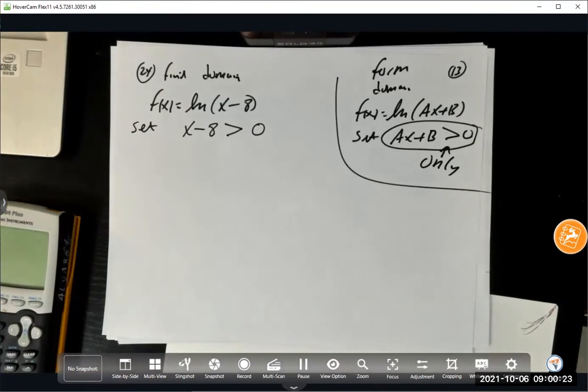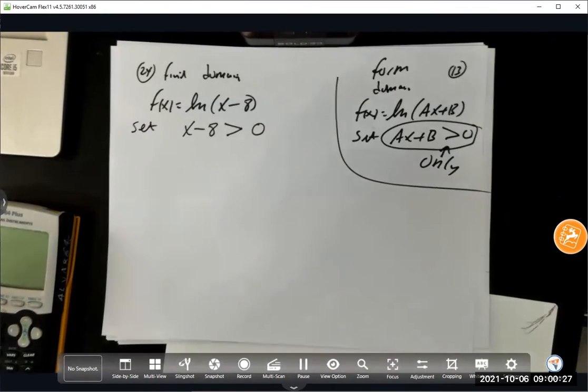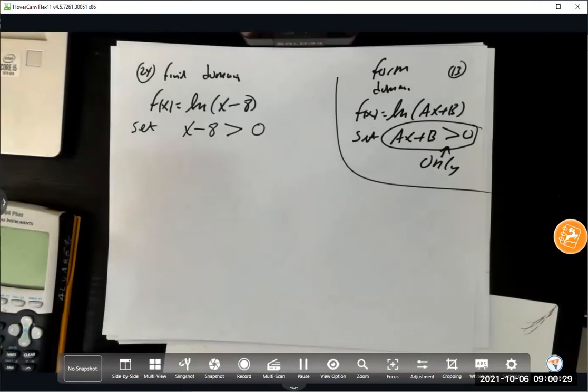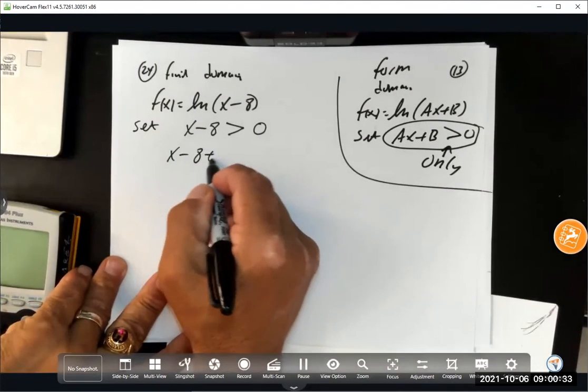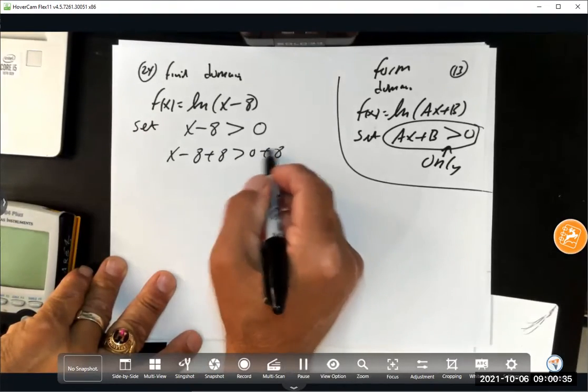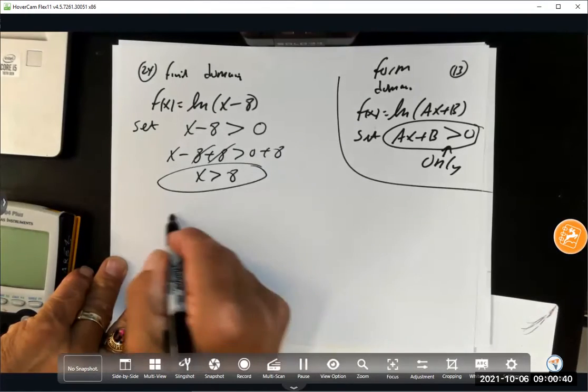How do you work it out? What's the next step? Add 8 to both sides. Exactly. Add 8 and add 8. These are gone. So x is bigger than 8. That's the answer right there.